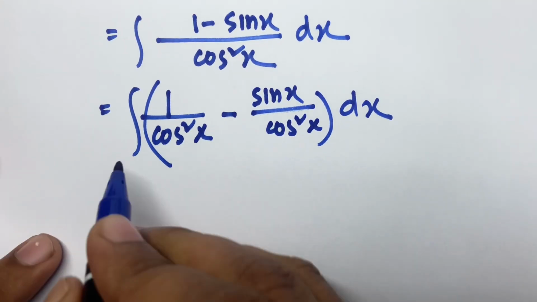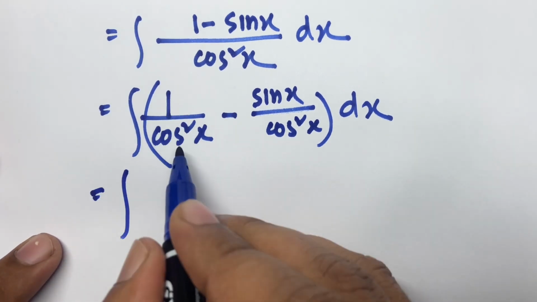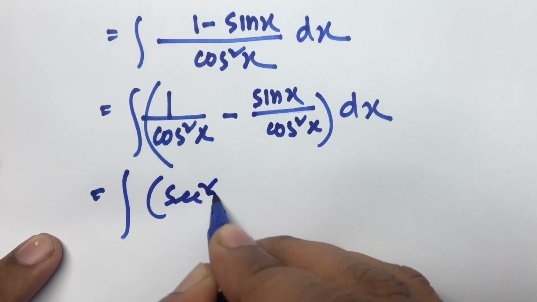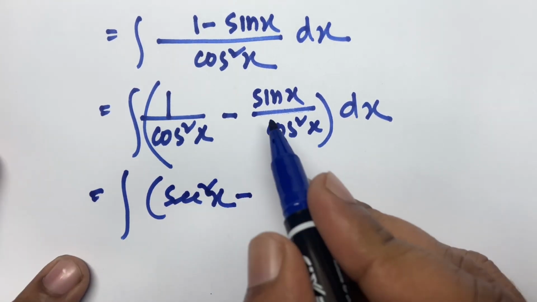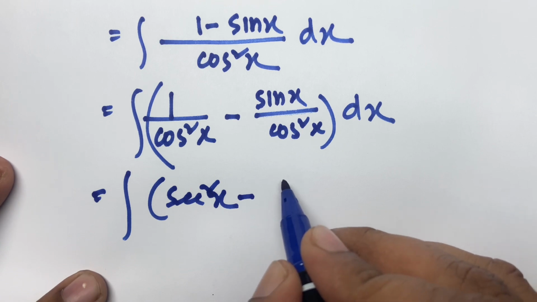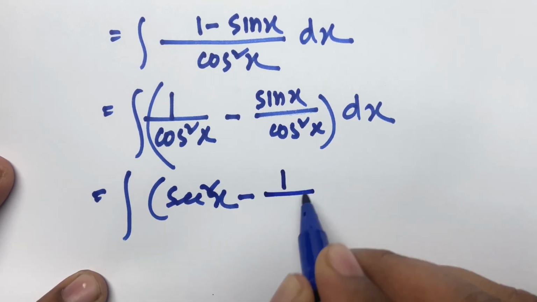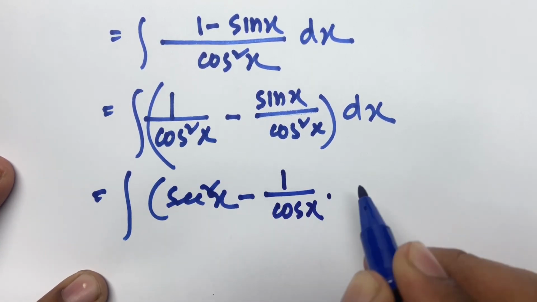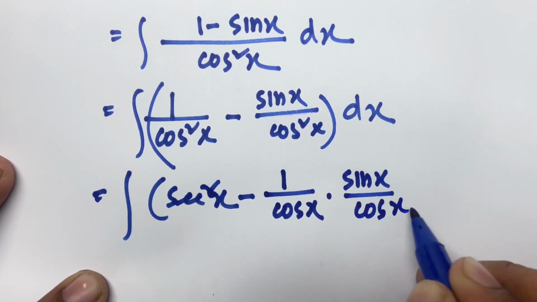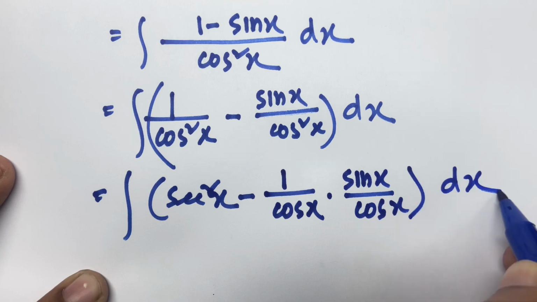Now, we know that 1 over cos square x equals sec square x. So sec square x minus, for the second term, 1 over cos x times sin x over cos x dx.